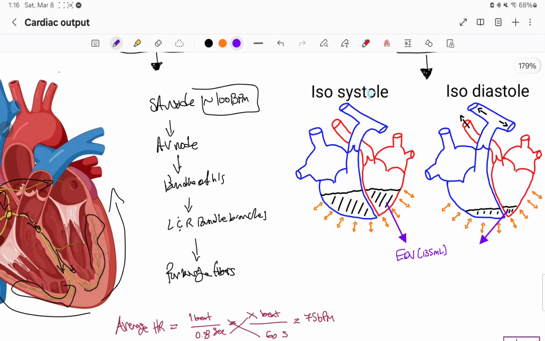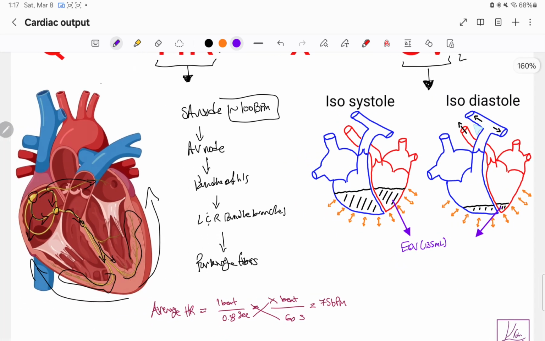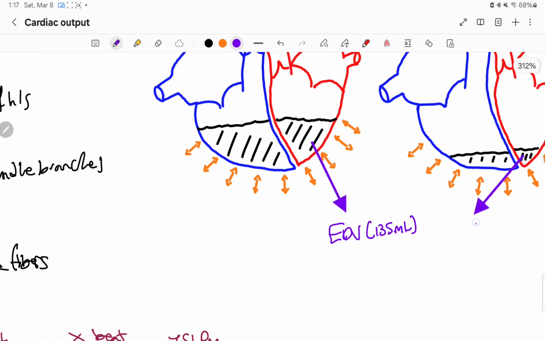Now, after this phase, we go through ventricular systole, and then we move on to isovolumetric diastole. If you remember, we said in the isovolumetric diastole phase, we have the volume of blood that is remaining after ventricular ejection. And that volume of blood, which was after the systole, was called the end systolic volume, okay? The volume of blood at the end of systole. And that was about 65 milliliters at rest, okay?